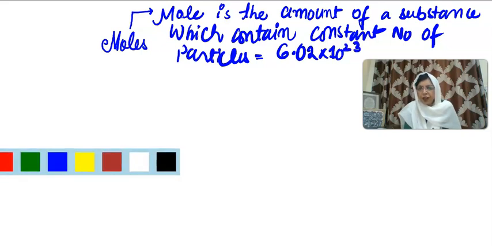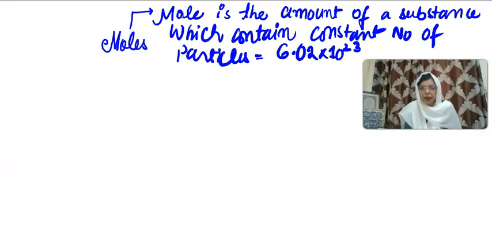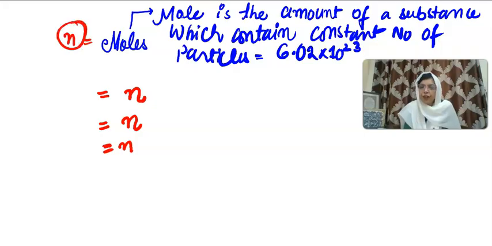And when we understand this thing, that 1 mole is always related to 1 mole, and mole is represented by n. If we know the mass of 1 mole, that is called molar mass or Mr, we can find the mass.